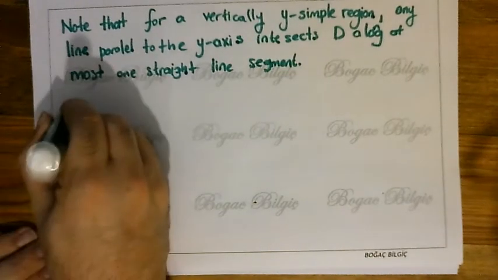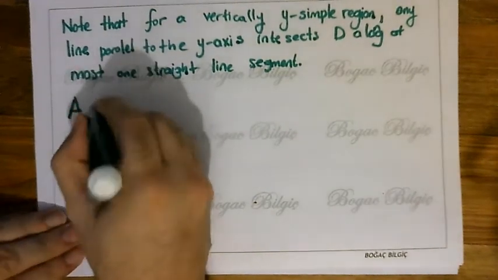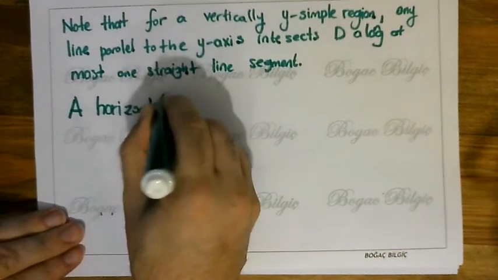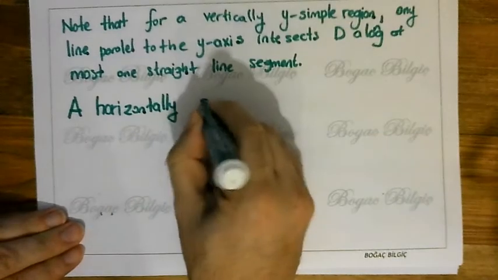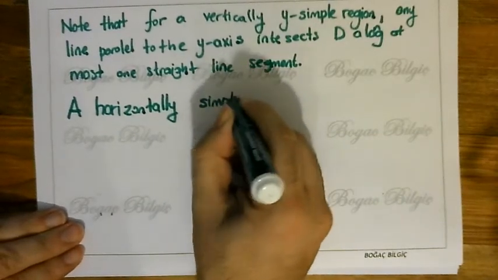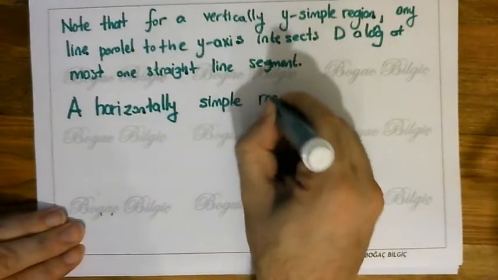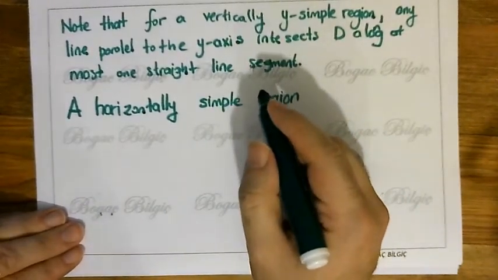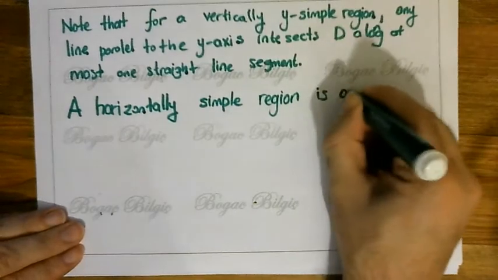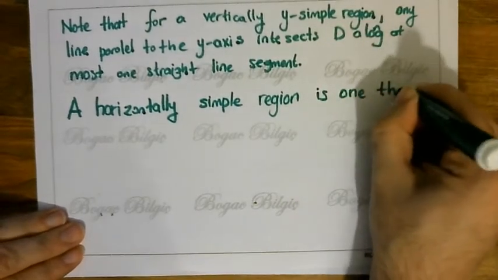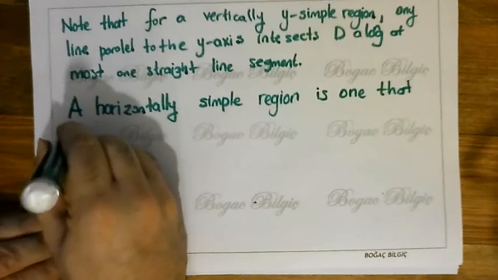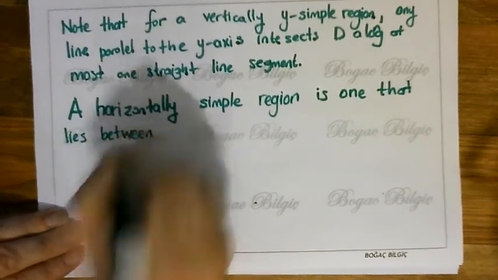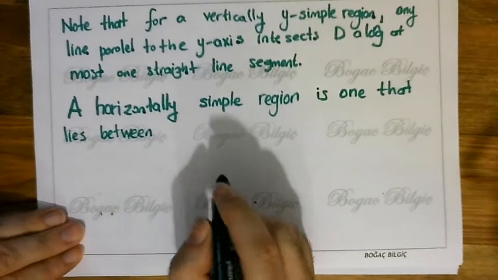A horizontally simple region is one that lies between two functions of y.